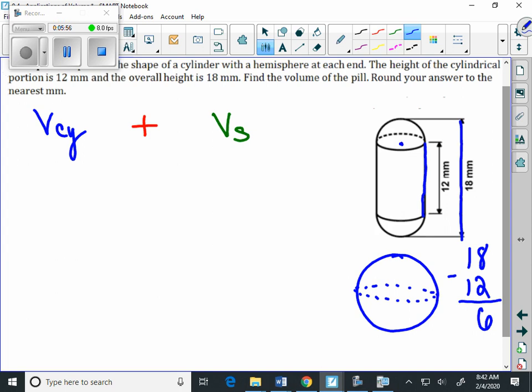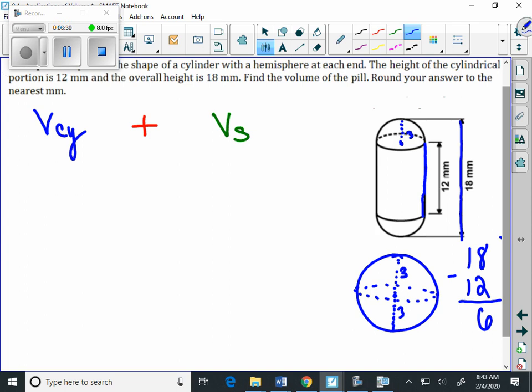And what that means is that from here to here is going to be 3, and from here to here is also 3. So in other words, the diameter of the sphere would be 6. Again, the 18 minus the 12 gives us the rest of the height to apply to the sphere.